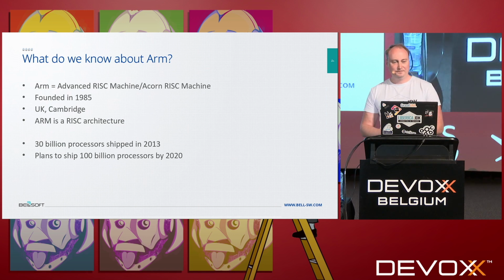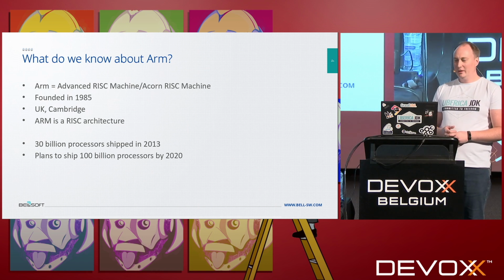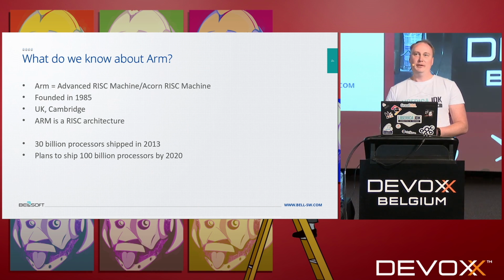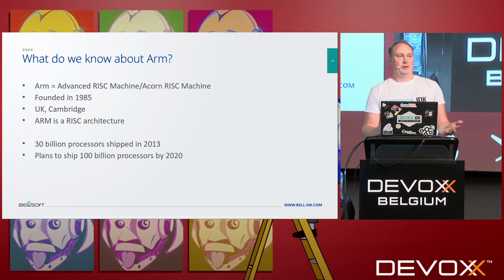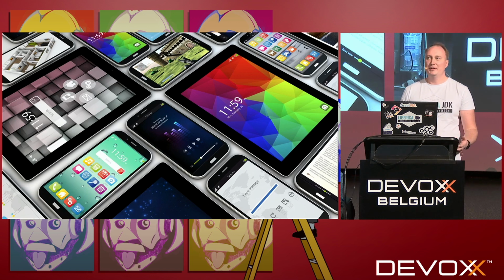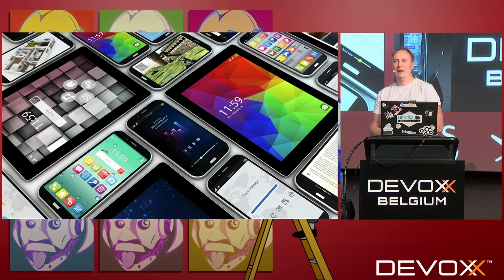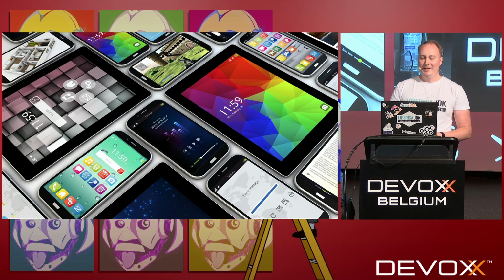But what about ARM? We know ARM both as a company and as a processor architecture, which is a RISC architecture, very nice, with fixed-width instructions. And it's been there for a long time. Of course, we know ARM processors exist in many small or not so small devices, in our pockets, on wrists, in ears.